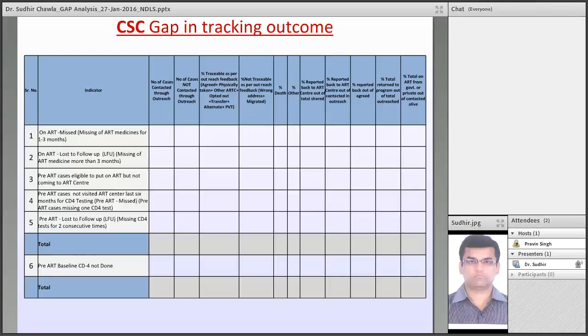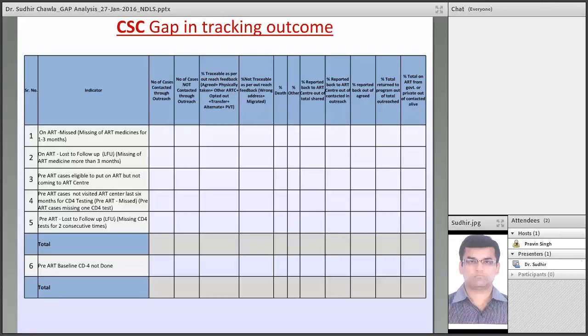Now, the percentage of patients who are on ART from government or private out of contact. Again, this figure includes those who agreed and were physically taken, those who returned, and those on private ART or at another ART center. It means they are on ART, but the total figure may be government or private.